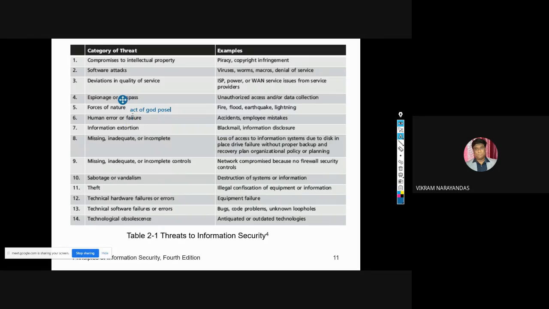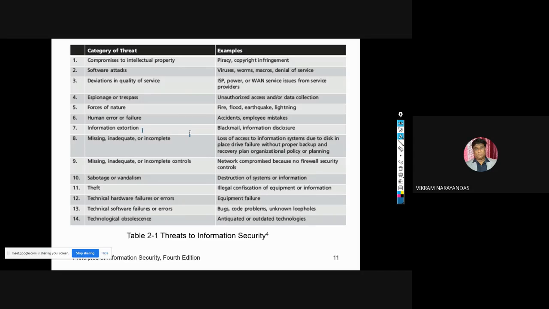Next: deliberate acts of information extortion. So what is information extortion? Information disclosure or blackmail.